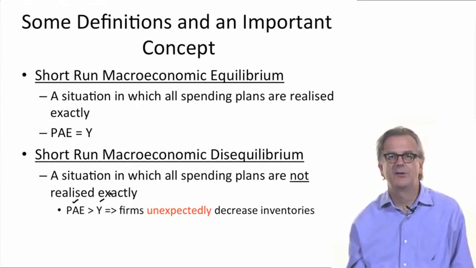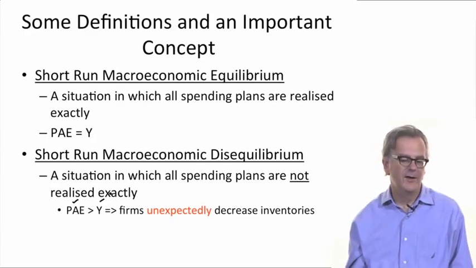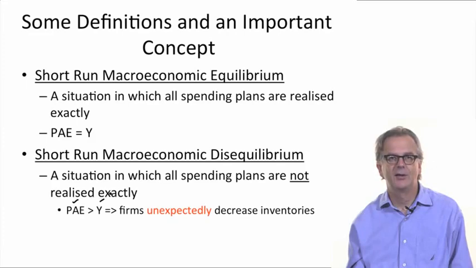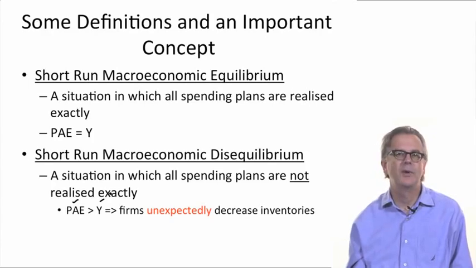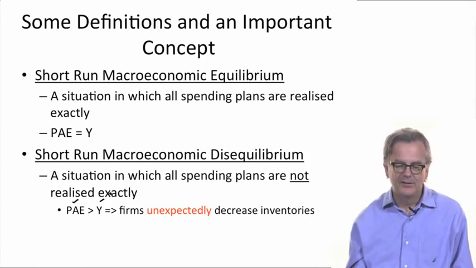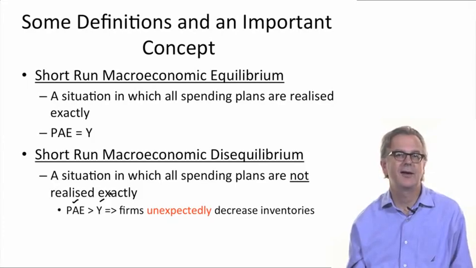So when we write an expression that PAE is greater than Y, one way of interpreting that is we're looking at a situation where the economy's planned aggregate expenditure exceeds, over this time period, the flow of output that is actually produced. Put simply, there's a lot of planned spending in this economy and production has not occurred at a flow that will meet all of that planned aggregate expenditure. In such a circumstance, what we usually find is firms will dip into their inventories of previous unsold stock.